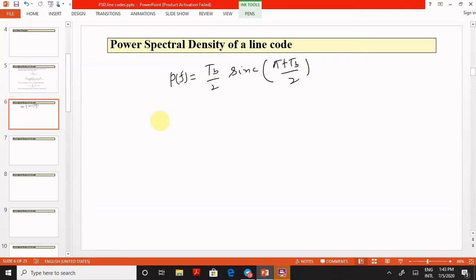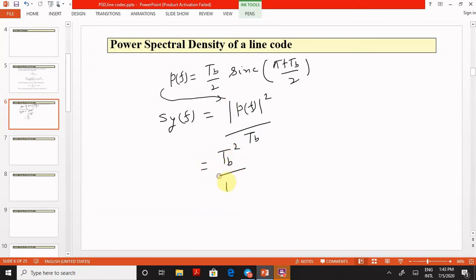Now we can put the value of P(f) into the equation that we have derived already, that is S_y(f) is equal to mod of P(f) square upon TB. So putting the value, we can simply write TB square upon 4 TB sinc square pi f TB by 2, right?